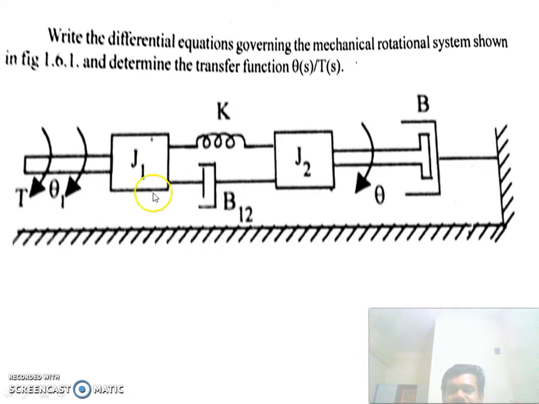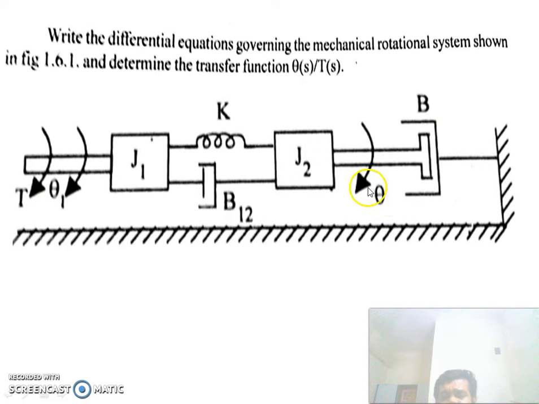This is nothing but the opposing torque that is occurring in the mass J1 due to this applied torque T.